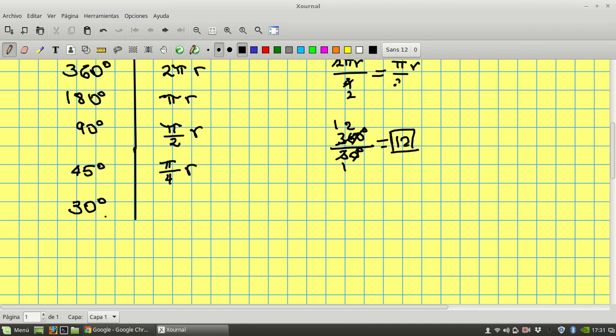So the length of the arc is a twelfth of 2 pi r, and 2 pi r divided by 12 is pi over 6 times r.